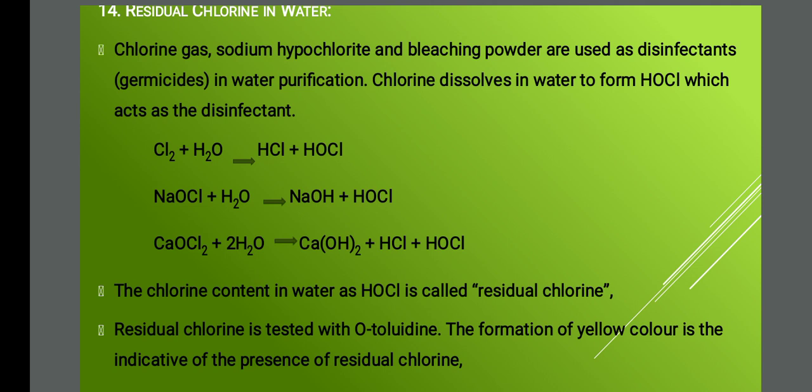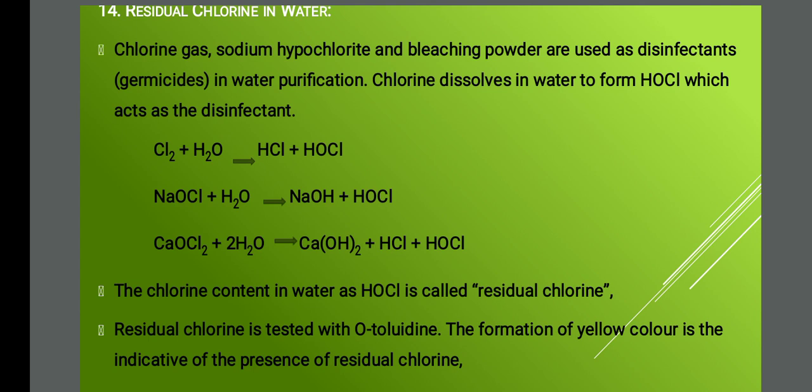This residual chlorine is tested with orthotoluidine, and the formation of a yellow color is an indicator of the presence of residual chlorine. Can you understand what I am saying? I'll repeat the point once again. Chlorine gas, sodium hypochlorite or bleaching powder are normally used as disinfectants in water for purification. These dissolve in water to form hypochlorous acid, which acts as a disinfectant.